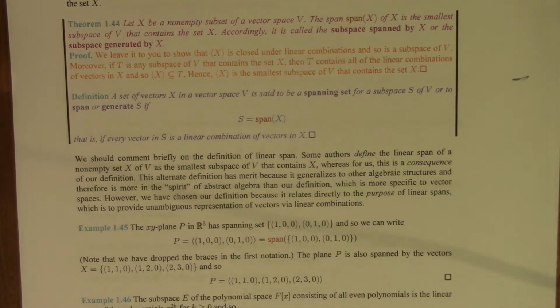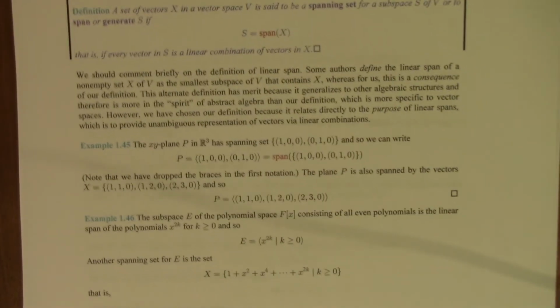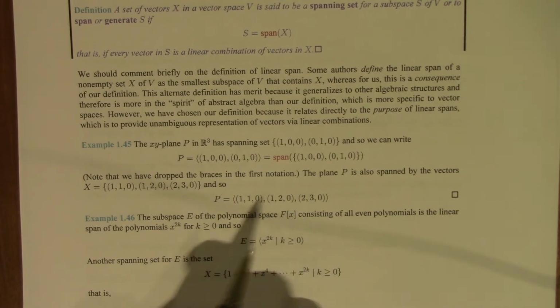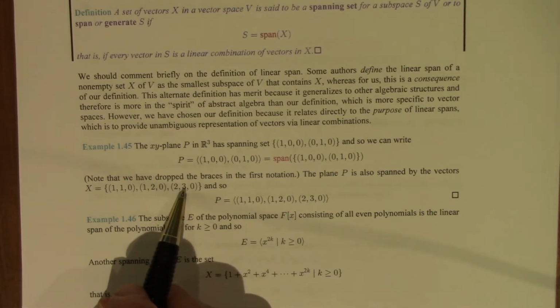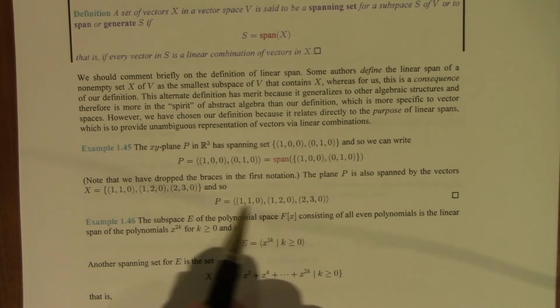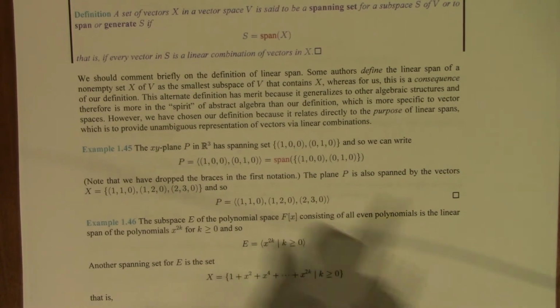In the first notation, I dropped the curly braces because I thought it was a little bit easier to read, but I kept them in the second notation. The plane is also spanned by this set of three vectors. So it is the linear span of these three vectors.